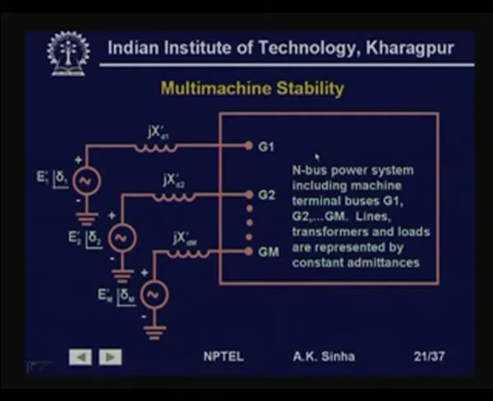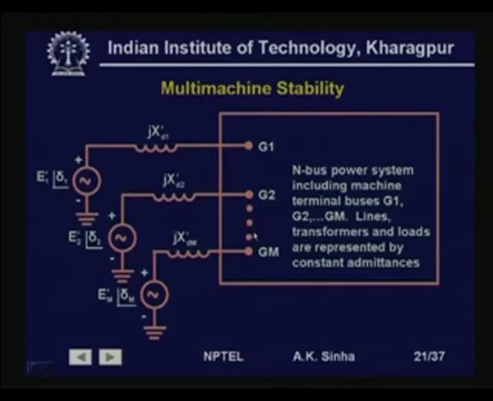That is, we need to find out the voltages at the terminal buses when the flow changes in the network. So, a kind of load flow solution is required at each time step, though we do not work out the load flow solution as such. What we are interested in is finding out the voltage.